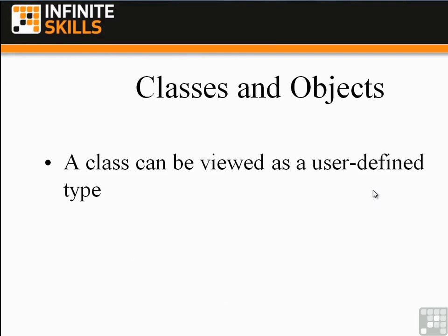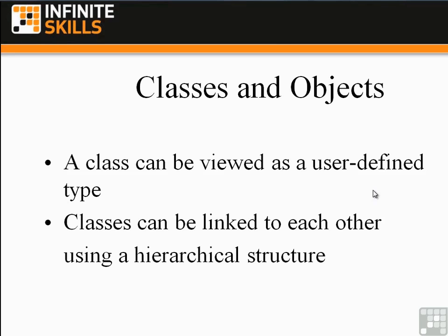For all intents and purposes, a class can be viewed as a user-defined type. So even though Java does not have a built-in type for employee, we can create one in Java by defining an employee class. Classes can be linked to each other using a hierarchical structure. So for example, if I have a top level class, sometimes called a superclass, of employee, then underneath that employee class, I could have an hourly employee class and a manager class that inherit the common characteristics of the employee class.